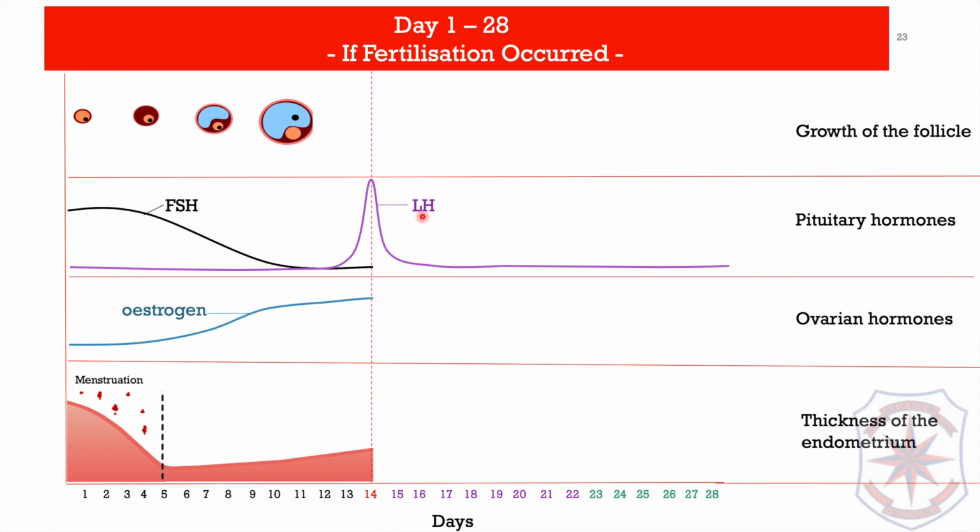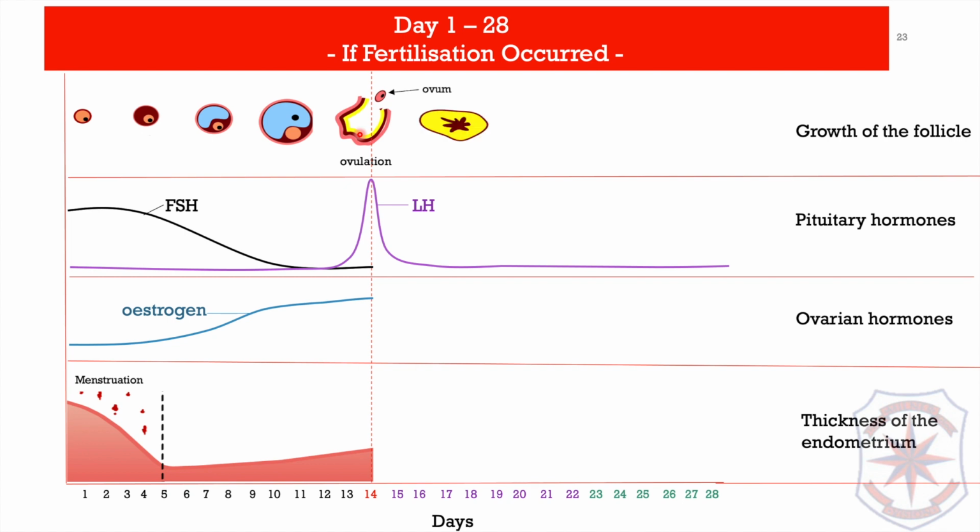So the function of LH, if you can still remember, is that it ruptures the follicle, so it breaks it up, and then it releases an ovum. And this process is called ovulation. So we can say that the function of LH is to stimulate ovulation, or we can say the function of LH is to rupture the follicle to release an ovum. There we go.